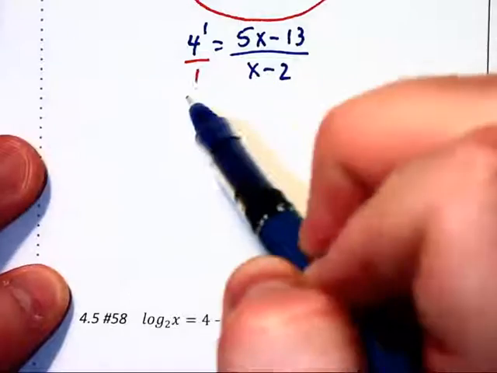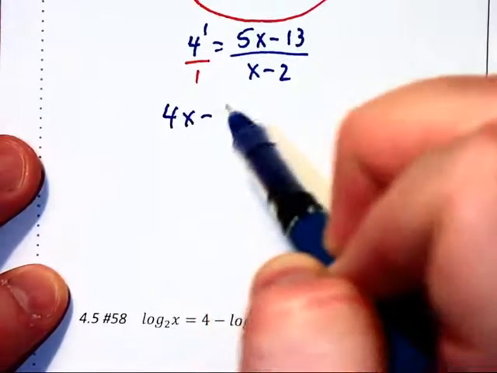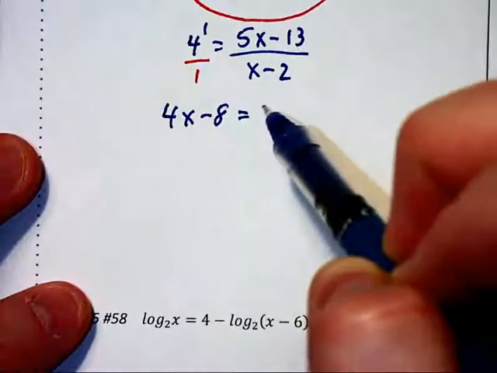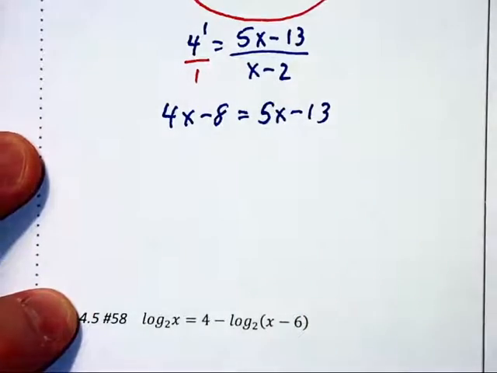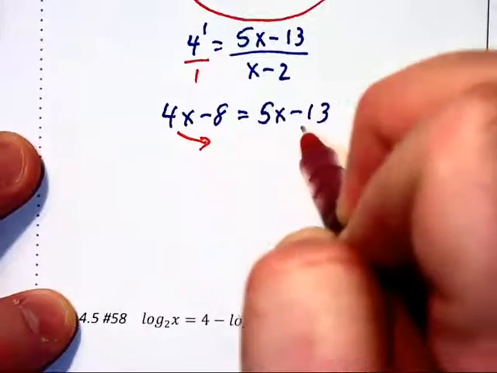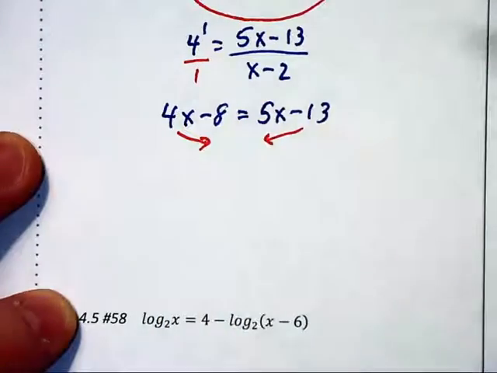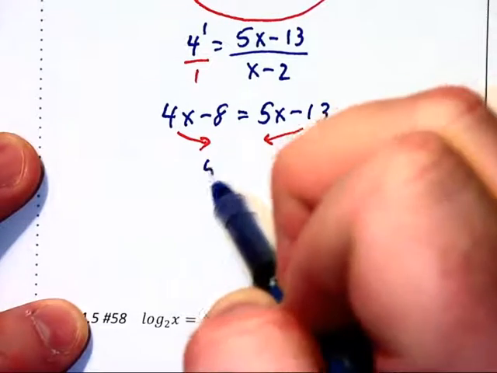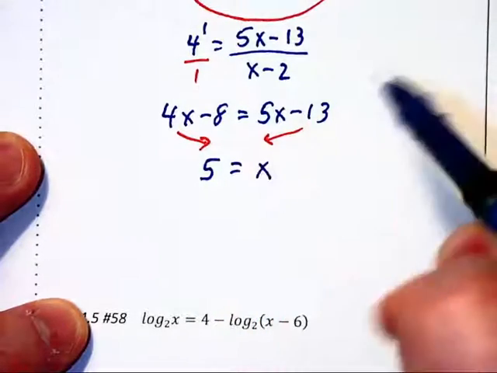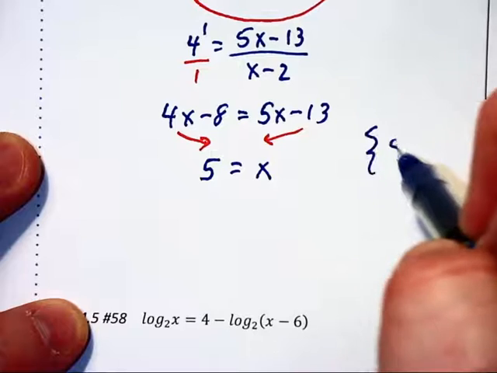One diagonal here is going to give us 4x minus 8. The other diagonal will be 1 times the 5x minus 13. Let's get all the x's to one side and the constants to the other side, and when we add the 13 to both sides, 5 is equal to x, and that becomes our solution set.